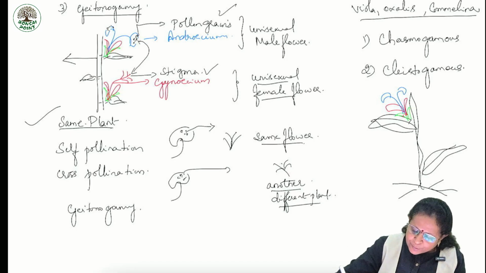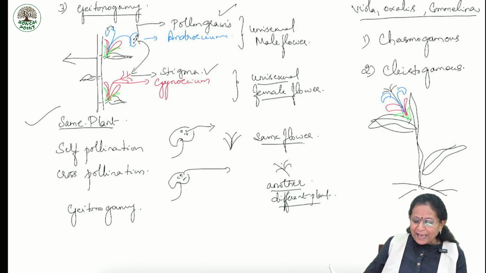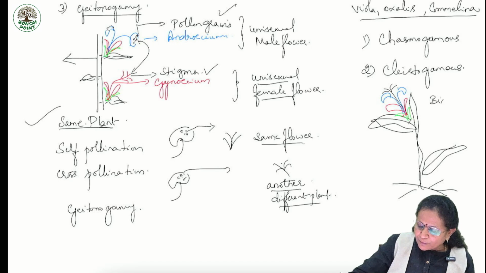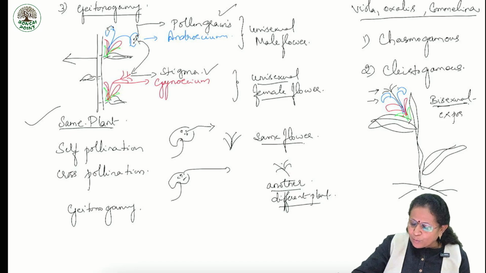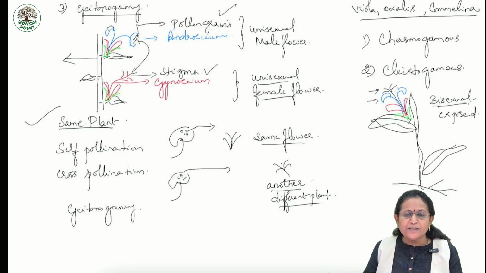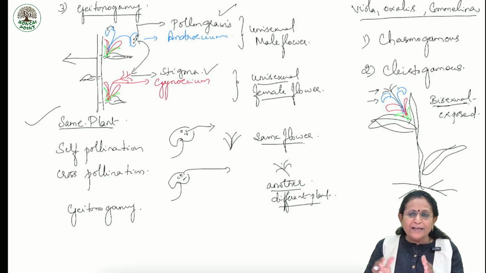That means you are seeing a bisexual flower, and this is the female sex organ, this is the male sex organ, both are being exposed, okay. Thereby we say it is open for cross pollination.